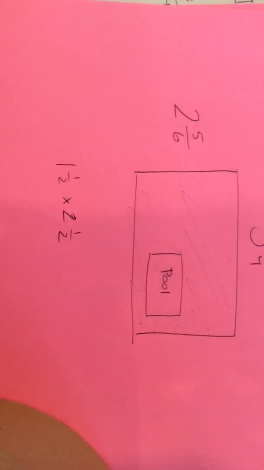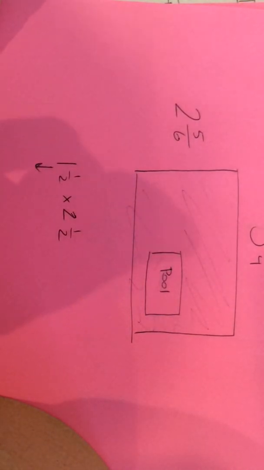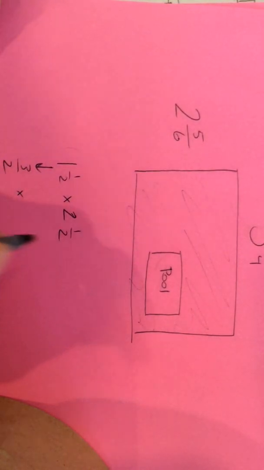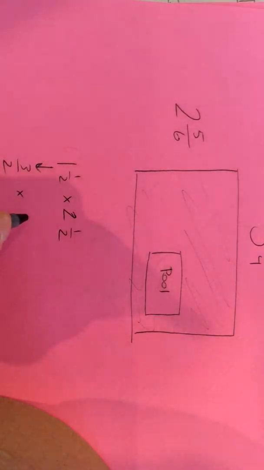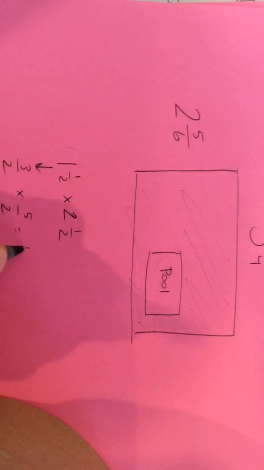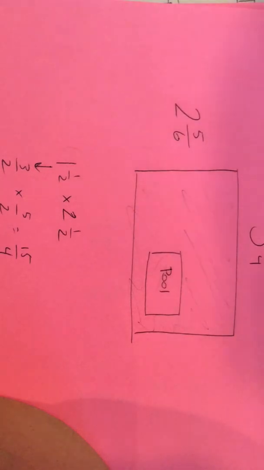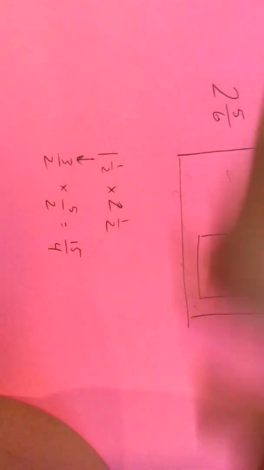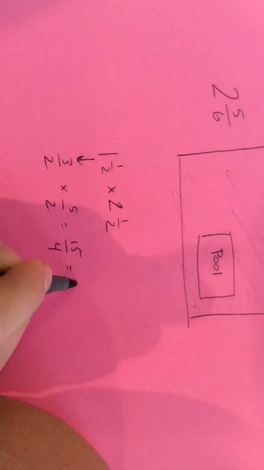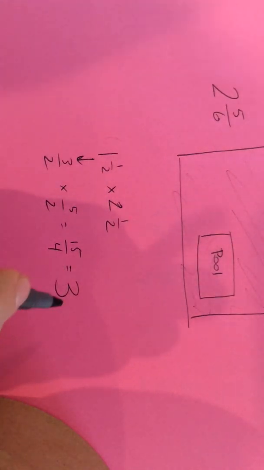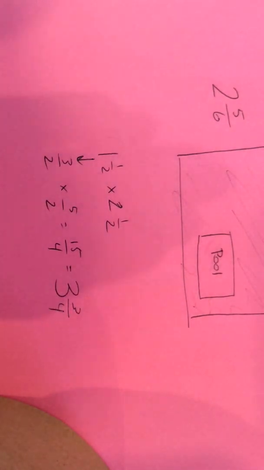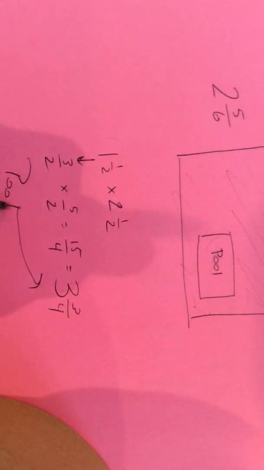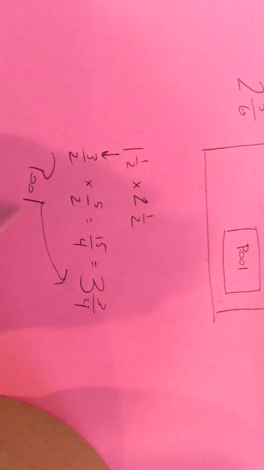So again, the same thing that you would do is turn these into improper fractions. 1.5 is the same as 3 halves. 2.5 is the same as 5 halves. When you multiply straight across, you'd get 15/4. How many times does 4 go into 15? 3, because that's 12. And that would be 3/4 left over. So that's the area of your pool. Make sure you label everything. That's super important to keep yourself organized. That would be the area of the pool.